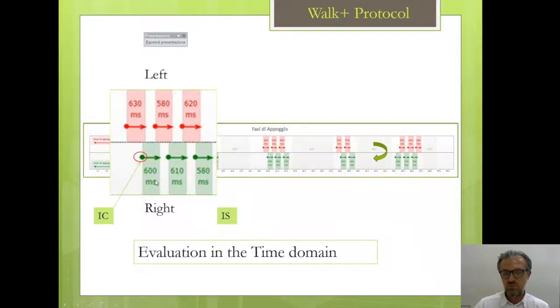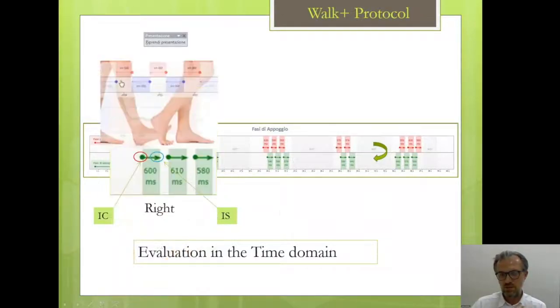The system is able to precisely individuate the initial contact on the interested step, in this case the right one, or even the initial swing phase. In this way, the evaluation of stance and swing phase can be really well discriminated by the system.